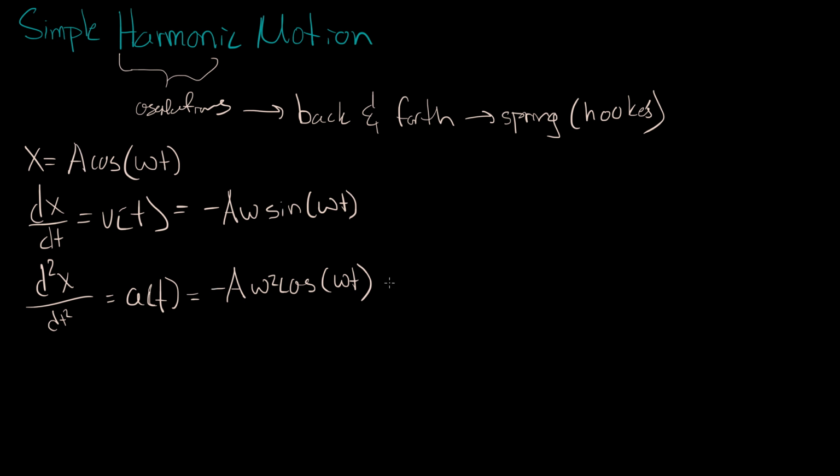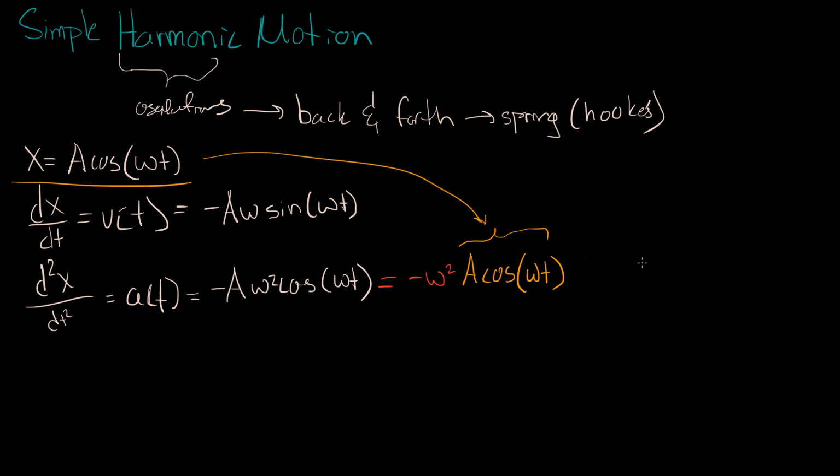To really drive that point home, I'll write it again in a different way. Based on this equation, which we know is true since we created it at the very beginning, we can plug that in here.